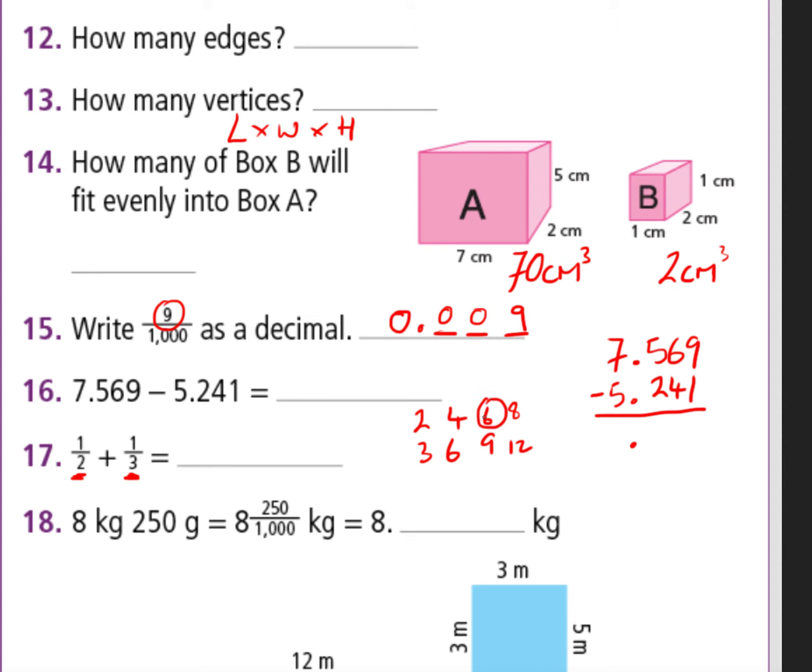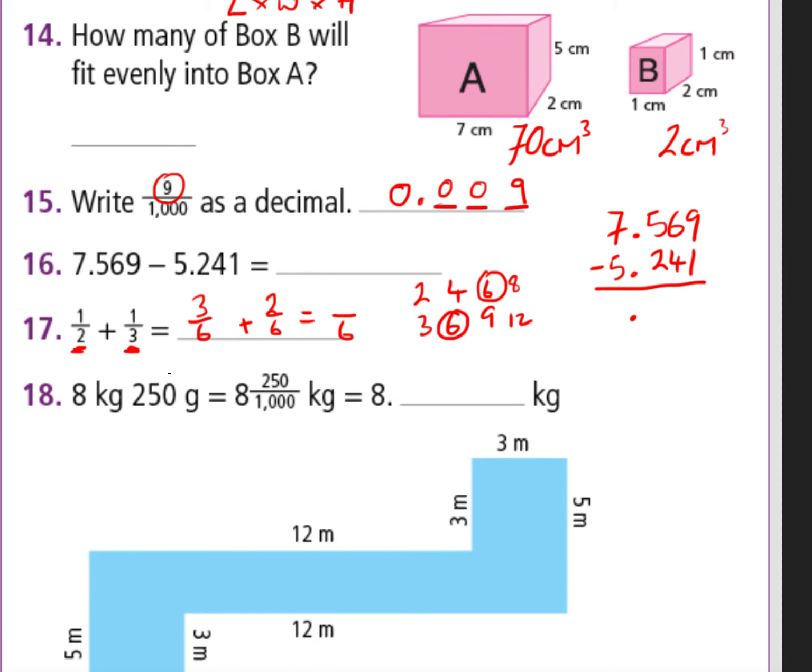And they both have a 6 in common. So we're going to turn both of these into sixths. So a half is going to be 3 over 6, plus a third is going to be 2 over 6. Okay, and now we're going to have our answer in sixths, and we just add up the numbers on top to tell us how many.